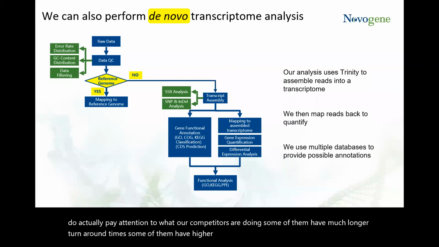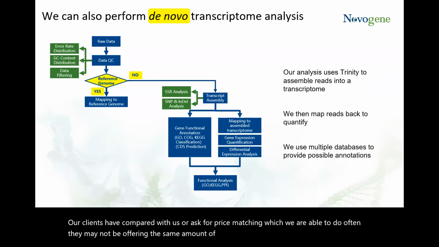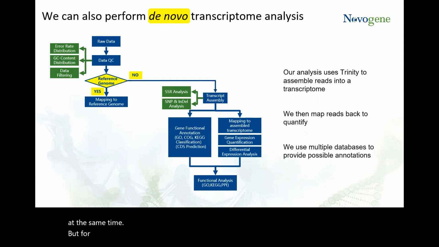Many of them we've noticed, when our clients have compared with us or asked for price matching, which we are able to do often, they may not be offering the same amount of data or as much analysis as we're able to offer at the same time. But for me, the customer service is one of the biggest things that Novogene offers. We are here to help make sure that your science is good.